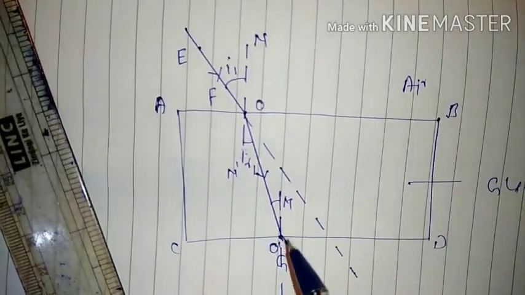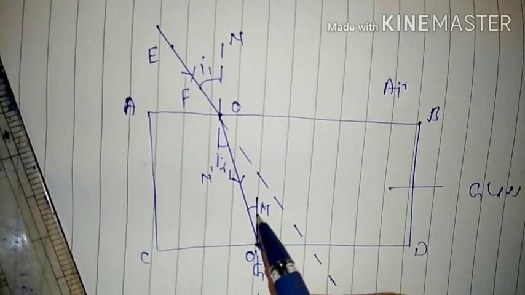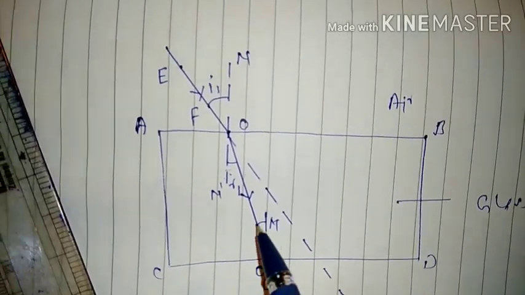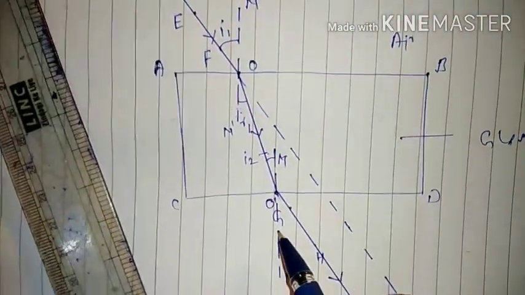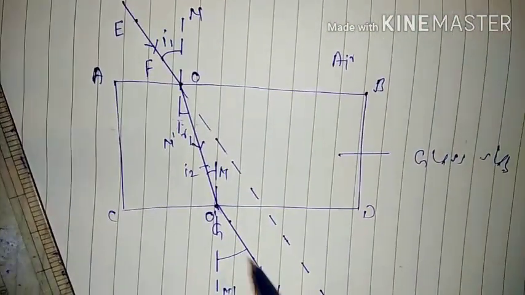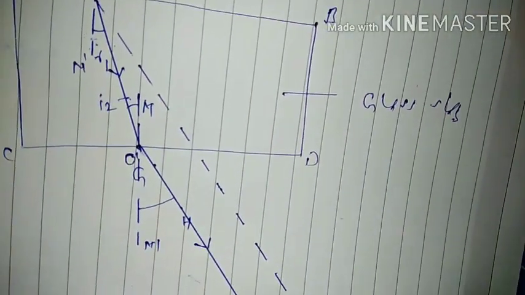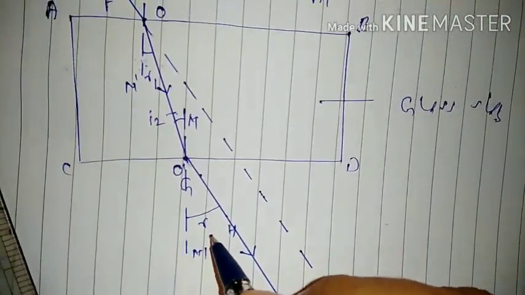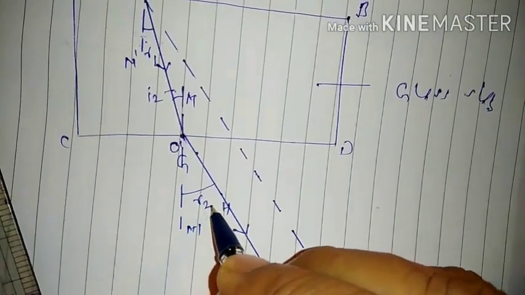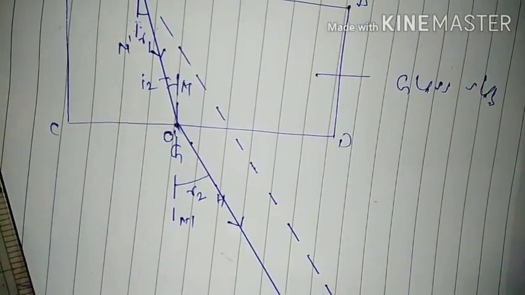Once again at this point O dash, the angle between the incident ray and the normal is the angle of incidence. Suppose it is represented by I2. And finally the angle between the normal and the refracted ray or emergent ray is called the angle of emergence.